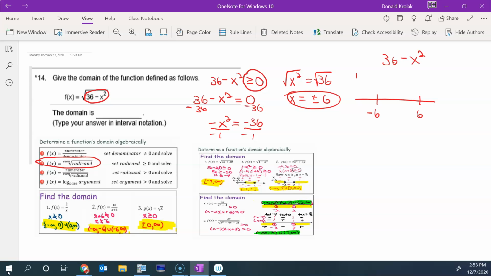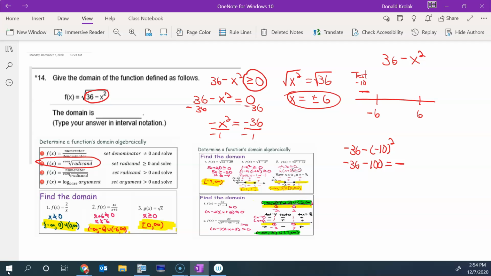I'm going to test some numbers here. Easy numbers to test would be like -10. So if I did 36 minus (-10) squared, 36 minus 100, that would be a negative.